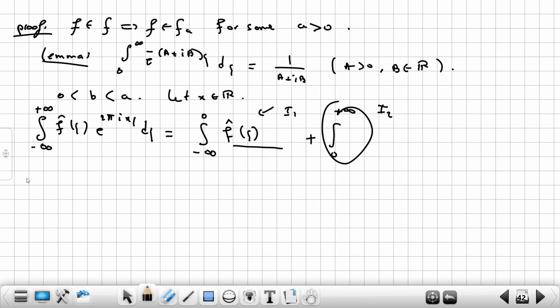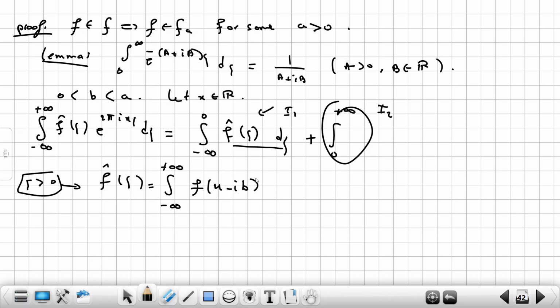Now for I2, psi is definitely positive. So using the same argument we used in the previous theorem, we find that f hat of psi can be written as the integral from minus infinity to plus infinity of f of some variable, let's say u minus ib, times e to the power minus 2 pi i (u minus ib) xi du.